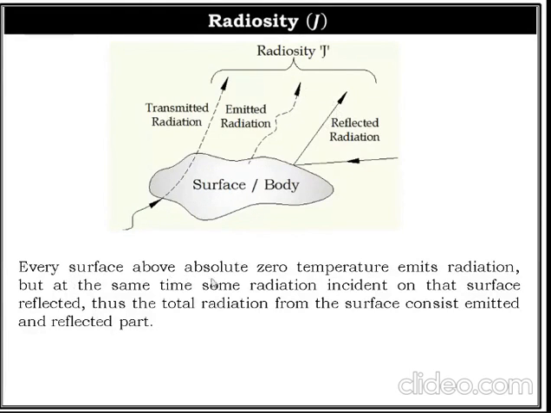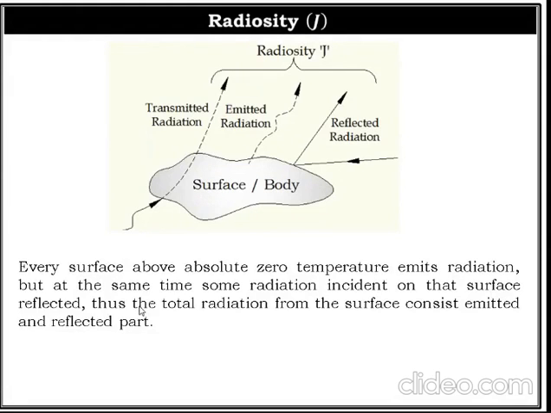Every surface above absolute zero temperature emits radiation, but at the same time, some radiation is incident on the surface and gets reflected. So while emitting its own radiation, some part of the outside radiation received by that surface gets reflected. That reflected part also seems to be radiation leaving the surface.